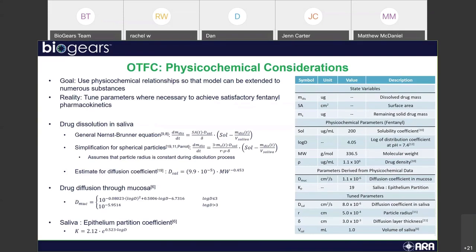I'm not going to show all the equations, like for instance the partial differential equations.